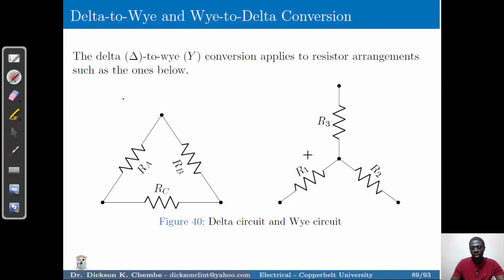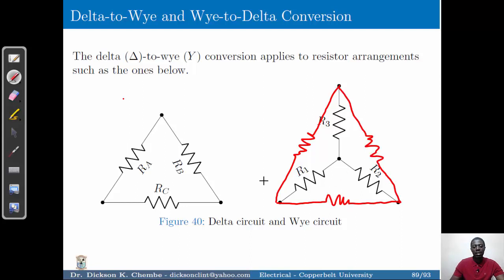So if you're converting this into a delta, then you're going to connect your resistor from there to there, so it will form a delta like so.